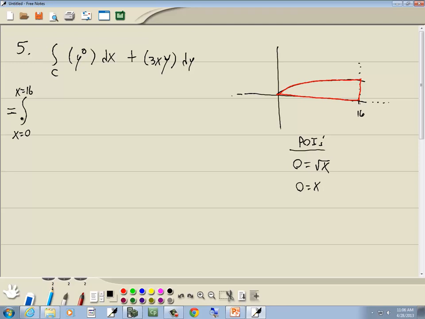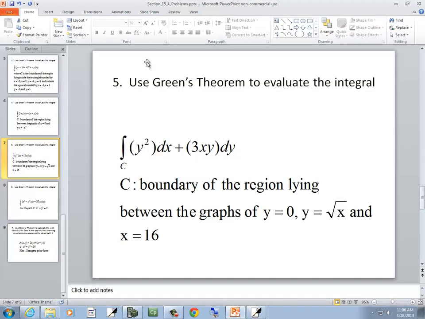A lot of books don't put the x equals and so forth, and I find it just helps you keep things straight. Now this line right here is y is equal to 0, so that's our lower one. And our one that's above is the y is equal to square root of x. Okay, now this is m and this is n, so let's go back up to our formula.